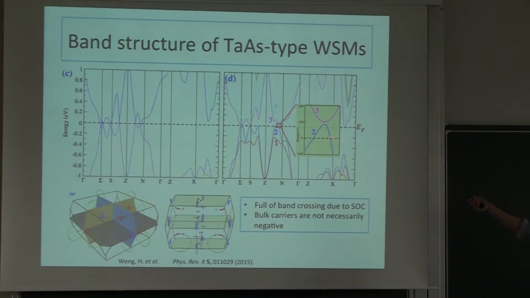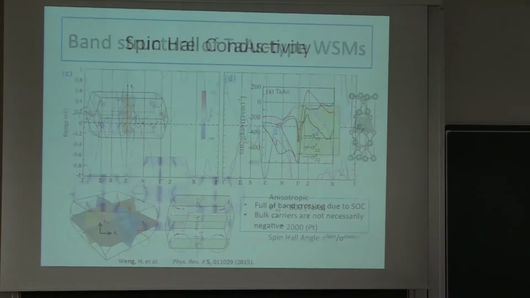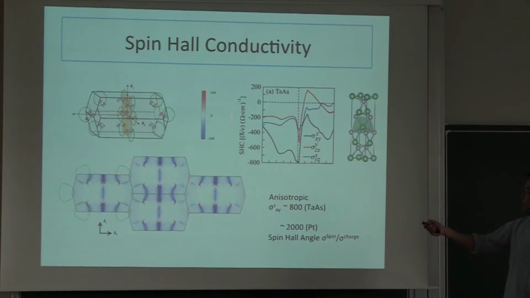At the same time, it's sure there are a lot of bulk carriers because these bulk bands still cross the Fermi energy. Also, this complex band structure, with a lot of band crossing, is actually a kind of positive message for us.